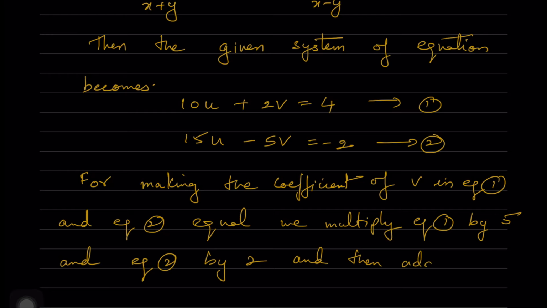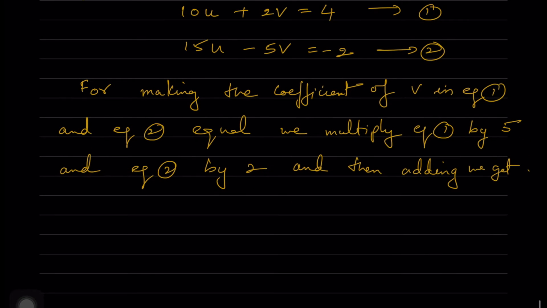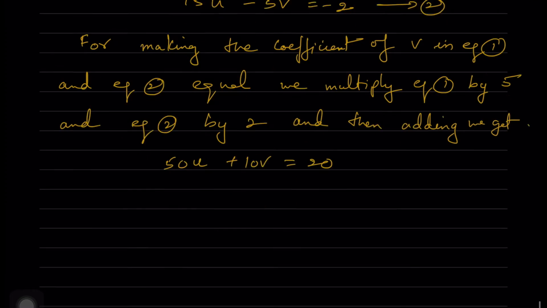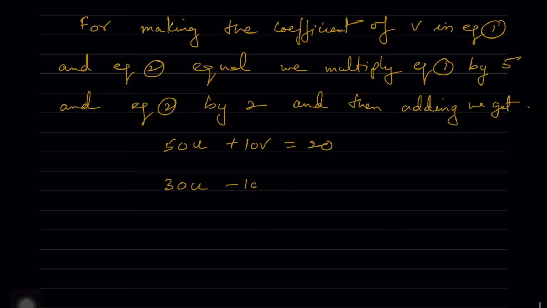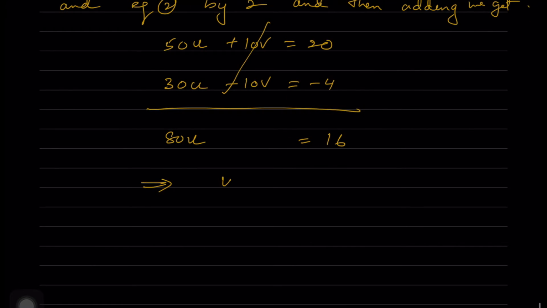Then we add both of them. We get 50u plus 10v is equal to 20, and 30u minus 10v is equal to minus 4. So when you are adding, 10v and minus 10v will get cancelled. So you are getting 80u is equal to 16, or u is equal to 16 by 80, which is equal to 1 by 5.